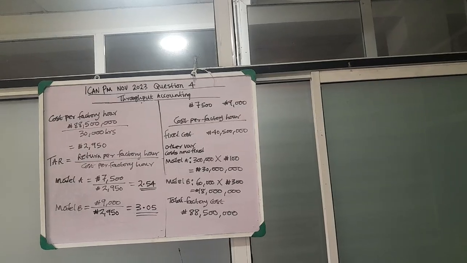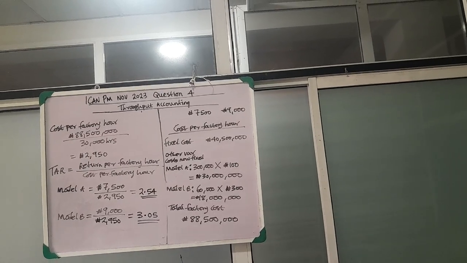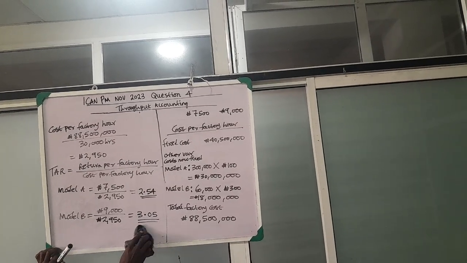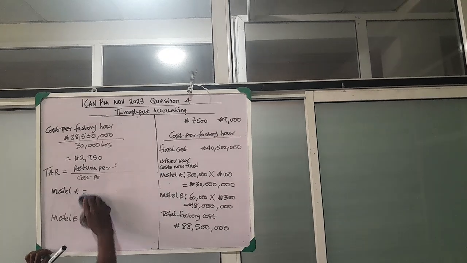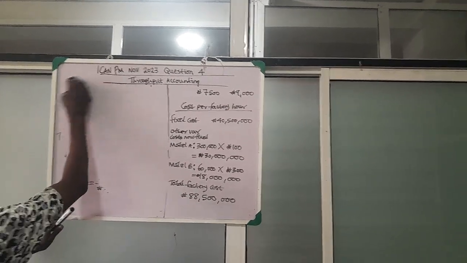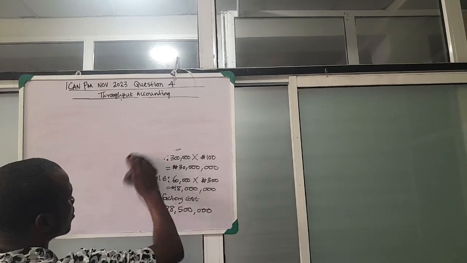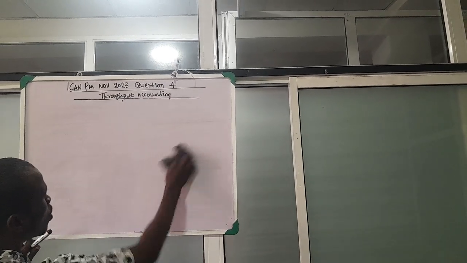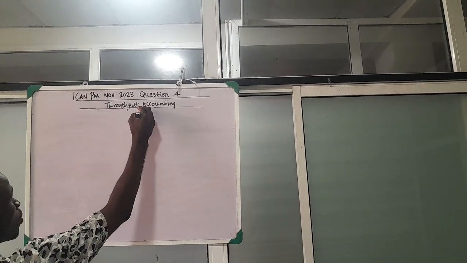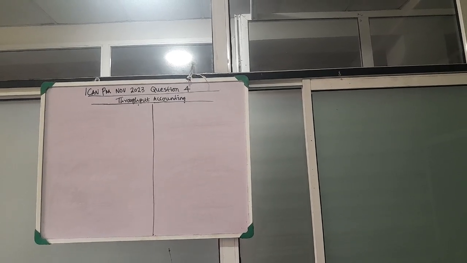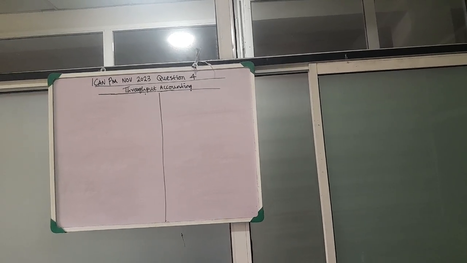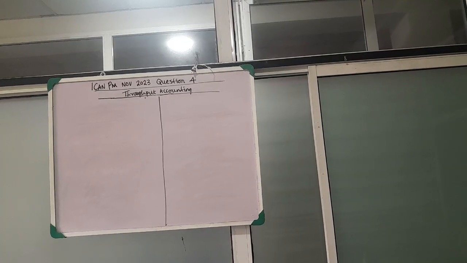Now, we'll have to re-rank this. If you observe the other time we did ranking, so here we have to rank again. But this time not ranking them according to contribution, but according to whatever value we get of the throughput. So we are going to rank this based on the throughput per factory hour.